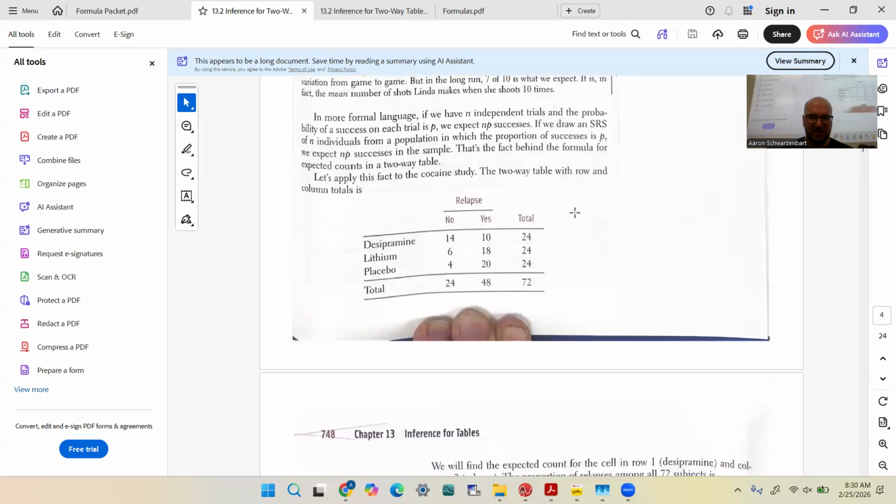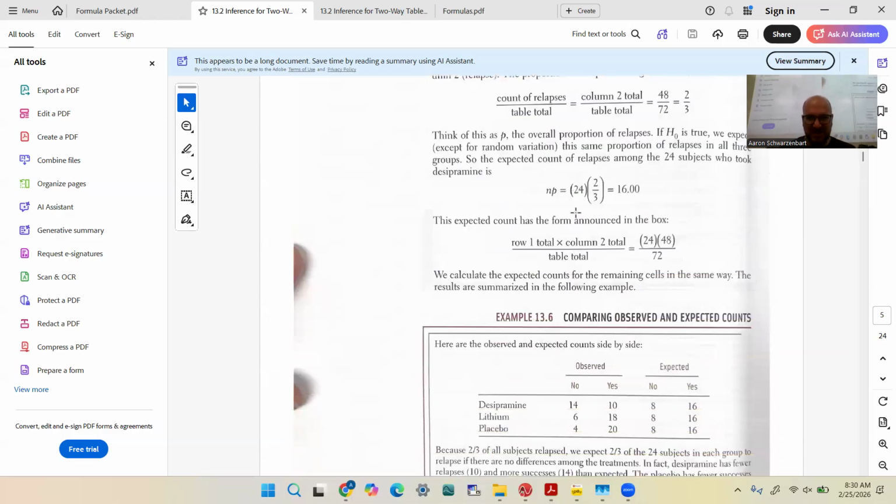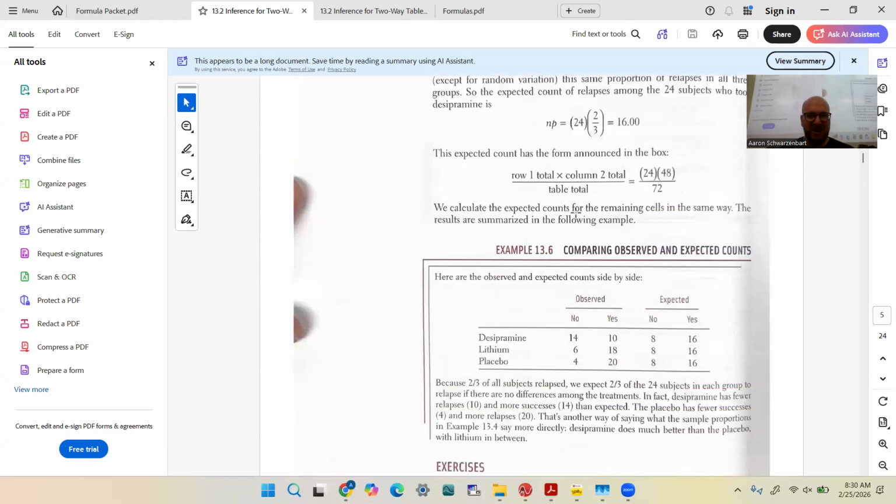We'll skip over this for now. So here is our table, and we'll put our totals back in. So 24 times 24 over 72 equals 8.